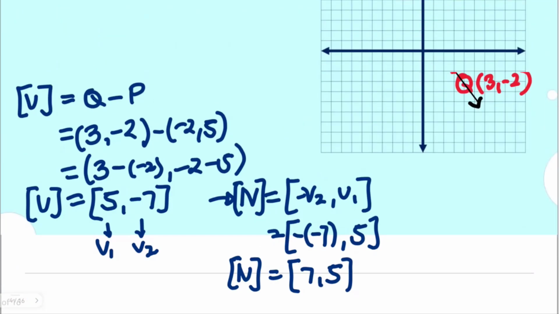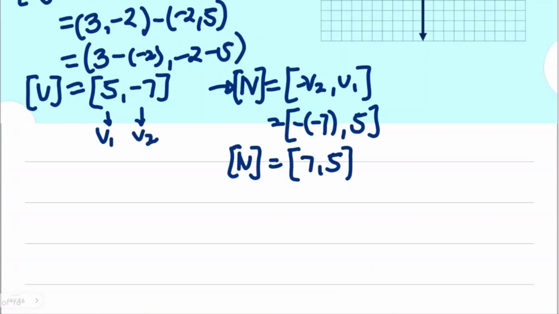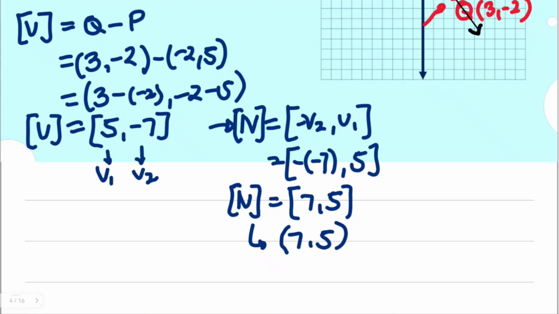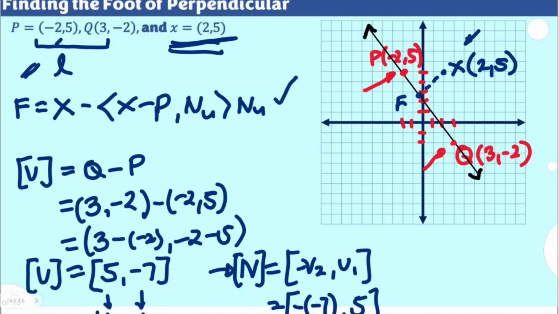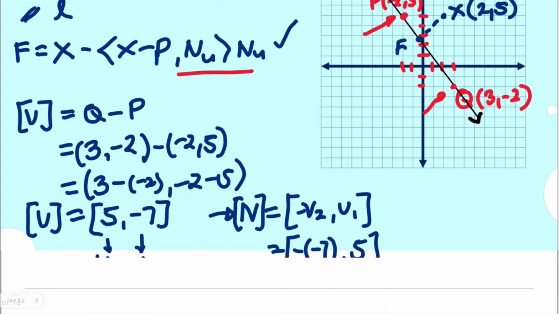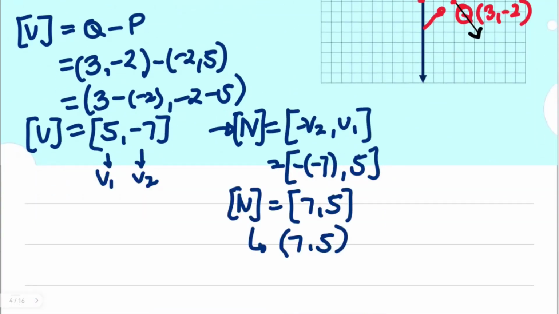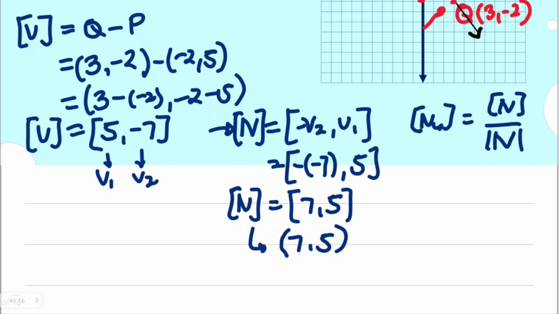But this is not the value we're going to place here because it's the unit normal vector. Since we are on the unit normal vector, let us try to determine first the length of the normal vector, because the unit normal vector is the normal vector itself over the length of the normal vector, as indicated in one of the videos in this playlist, as we discussed the unit vector.